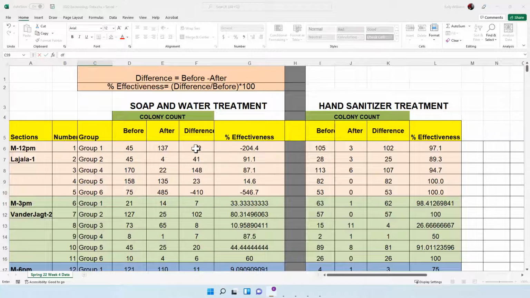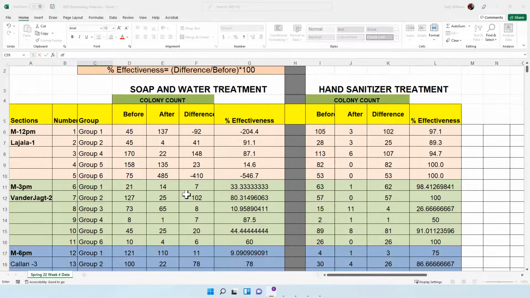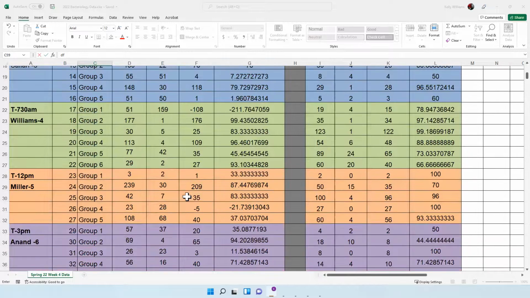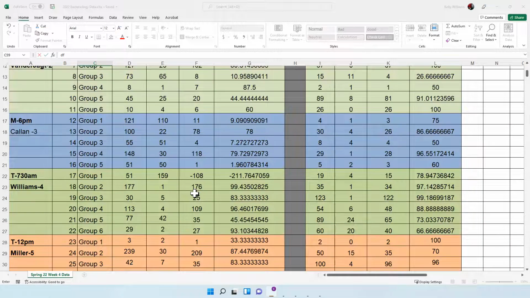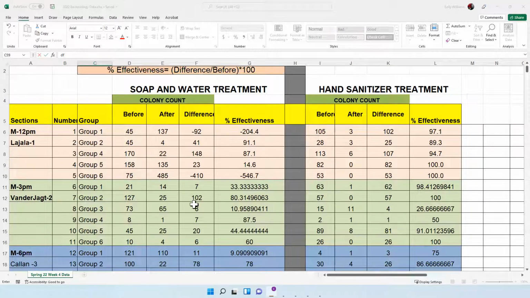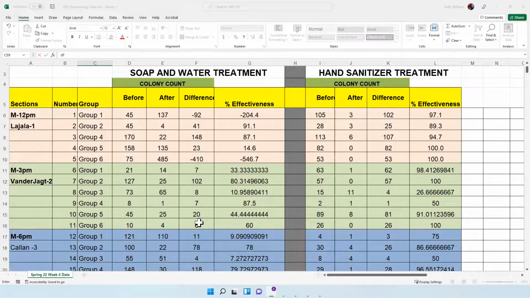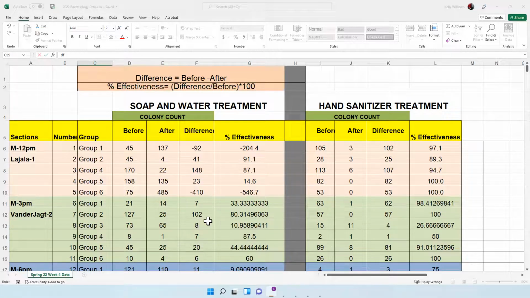Just keep in mind that the only negative numbers here are the ones that had a higher after count, which is probably not usually the case. We do have a few of them. I would probably consider these numbers to be some of our outliers, and some of the ones that have very large numbers in comparison, or even very small numbers, could also be considered outliers.